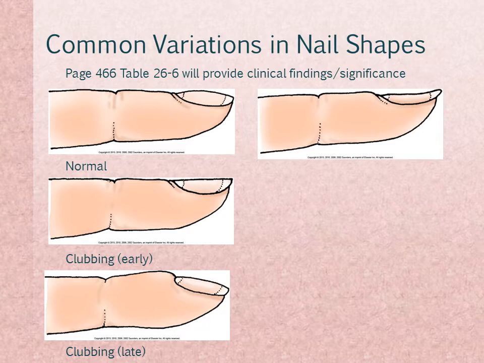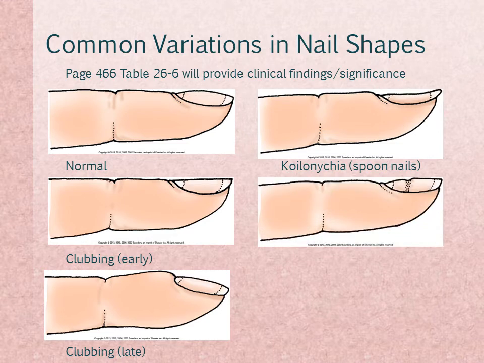Has anyone ever seen this shape of nail? So what variation would this shape be? This variation is known as koilonychia, also known as spoon nails. What would this variation be known as? This variation is known as Beau's lines.